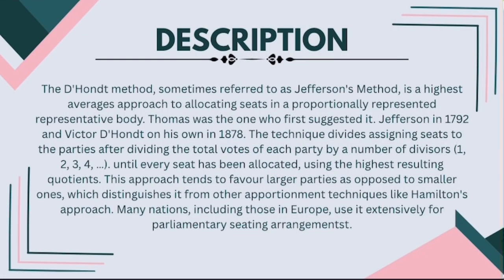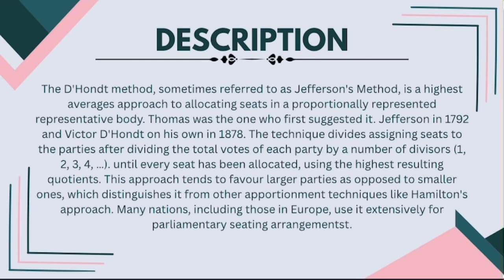The D'Hondt method, sometimes referred to as Jefferson's method, is a highest average approach to allocating seats in a proportionally representative body. It was first suggested by Thomas Jefferson in 1792 and by Victor D'Hondt on his own in 1878.